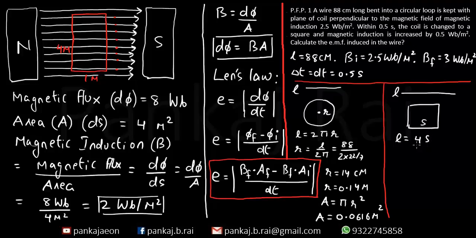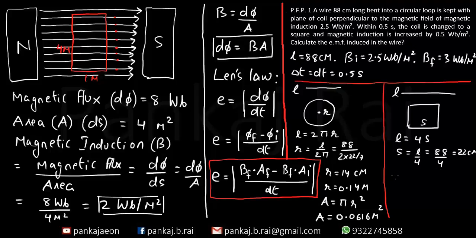Now we know L, it is given as 88. We can find S, so S will be given by L by 4. L is 88 centimeter by 4, so S will be 22 centimeter. But what we need is the area of the square.